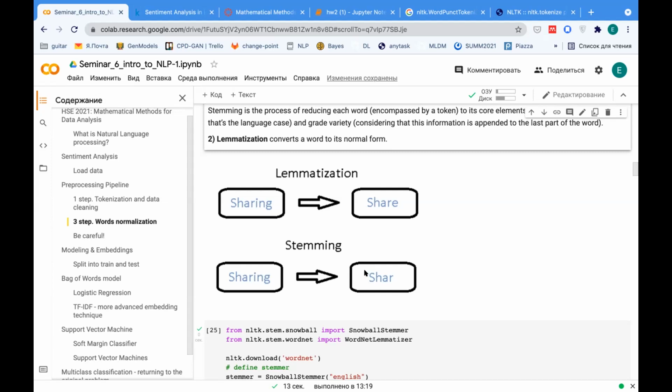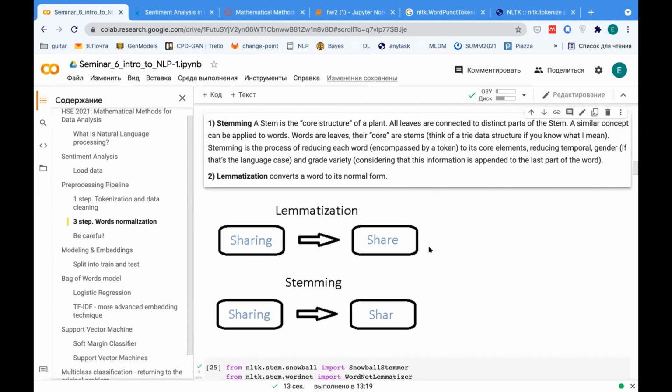Since stemming doesn't look at the morphological structure of the word, it's just a simple set of rules that transform all the words that they see. So they just remove from the word everything that can be not informative.